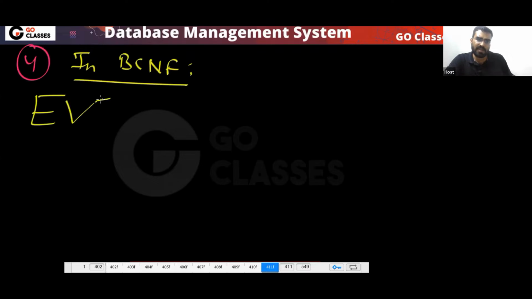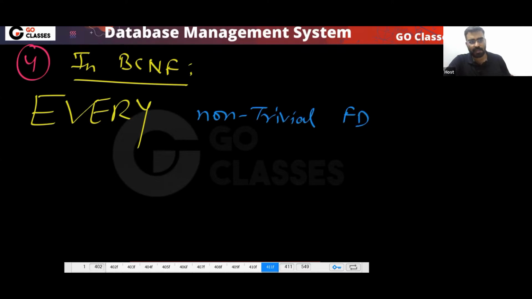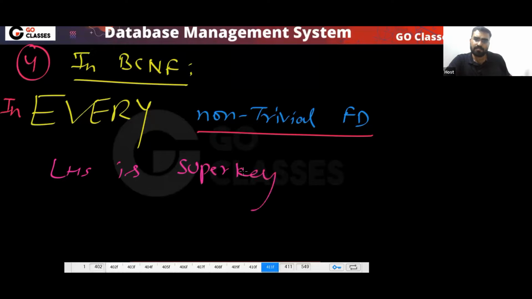Notice that in BCNF, this is very important: if you take any non-trivial FD, the LHS is a super key.